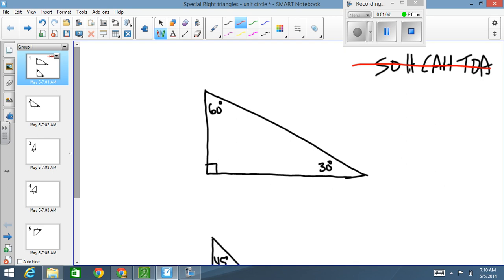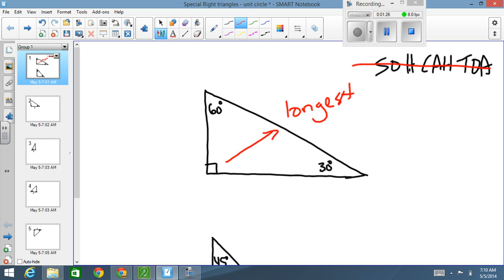Now, first of all, you have to be able to identify in a 30-60-90 what side is the shortest, what side is the middle length, and what side is the longest. Now, we know that the hypotenuse is always the longest. Okay, and the hypotenuse is always opposite of the 90-degree angle.